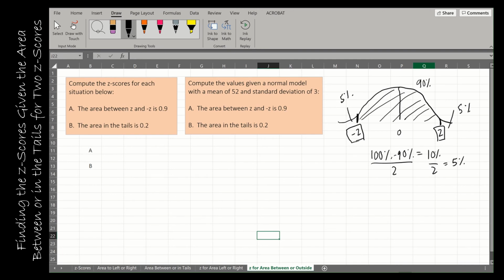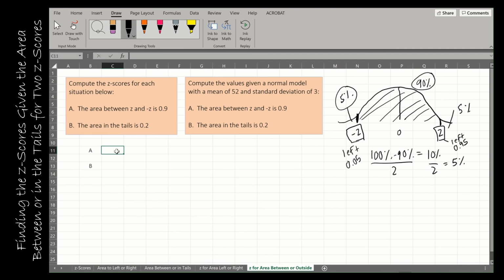Now, why is that important? Because for the first question, where I'm not finding the values but the z-scores, I need to find the area between z and negative z. On my line here, the area to the left of negative z, and left is important, is 0.05. The area to the left of positive z is the 5% and the 90%, so the area to the left of this is 0.95.